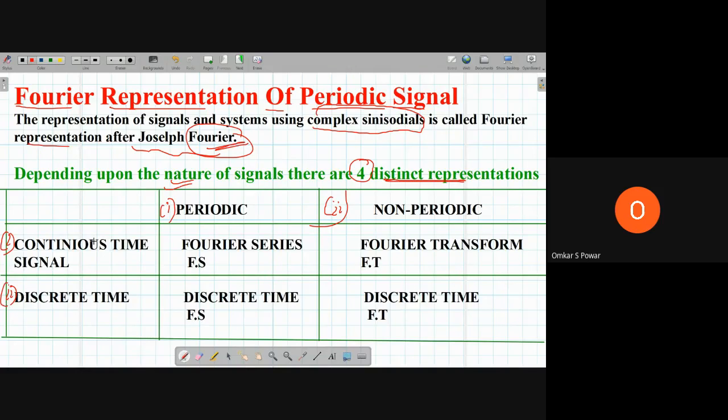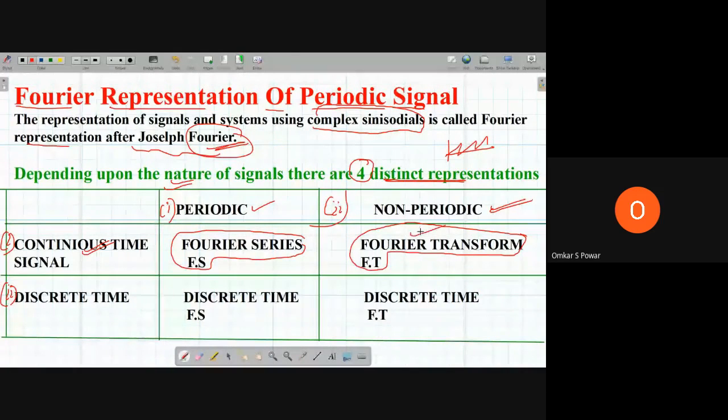If your signal is continuous time and periodic, then you have to use the Fourier series. If it is continuous time and not periodic, meaning it doesn't have periodicity, then you use the Fourier transform, which is what you use in most cases for real life signals.